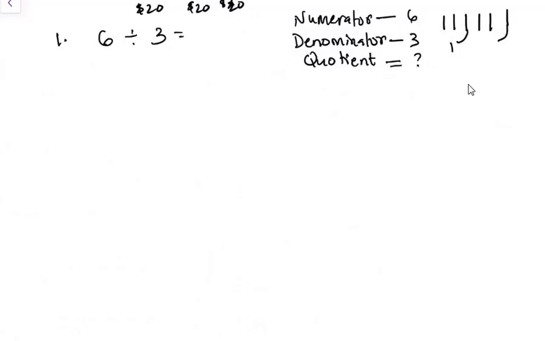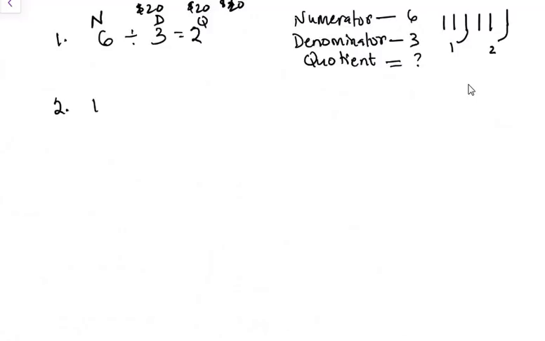So it will go 1, 2. So that means it's going to go twice. We learned something. This is our numerator. The number dividing is the denominator. Our final answer is the quotient.